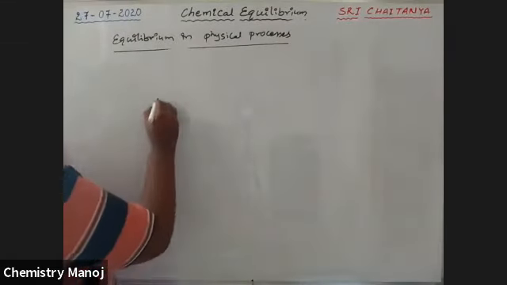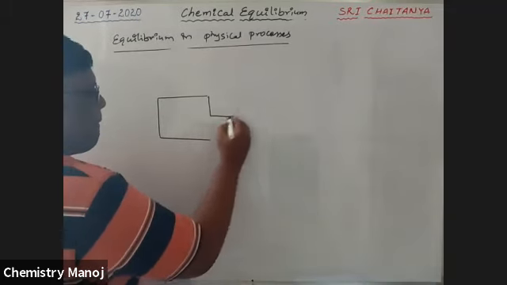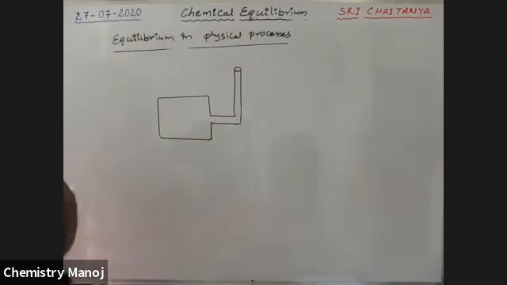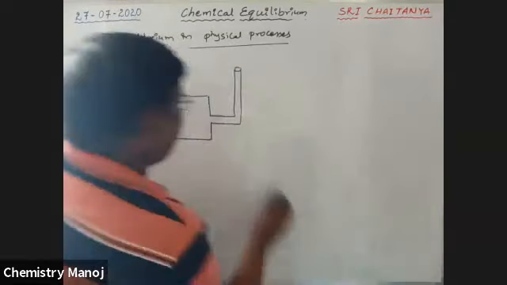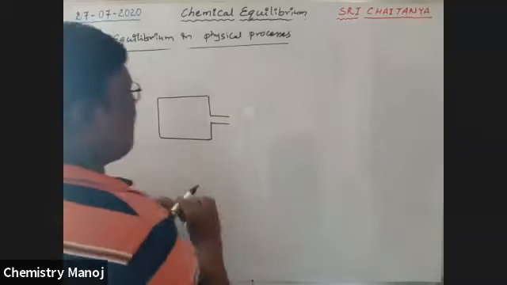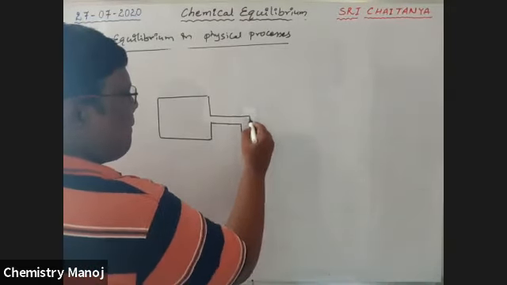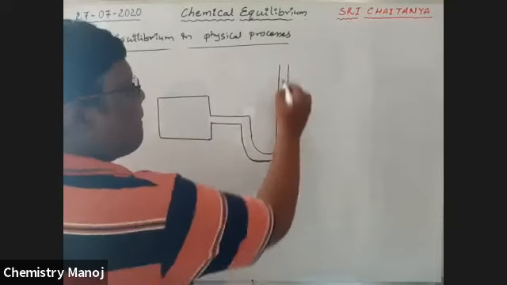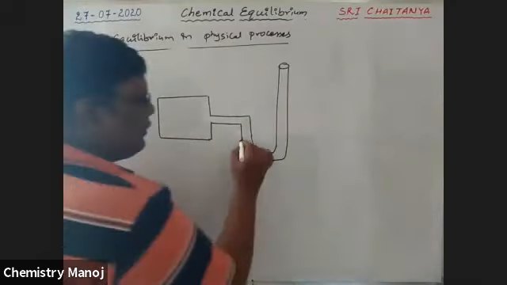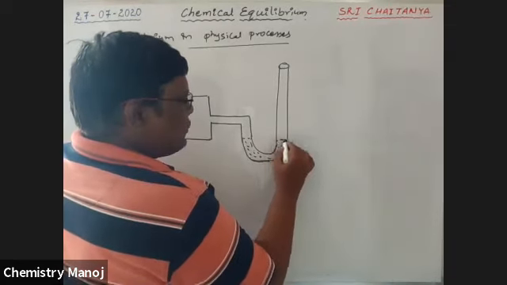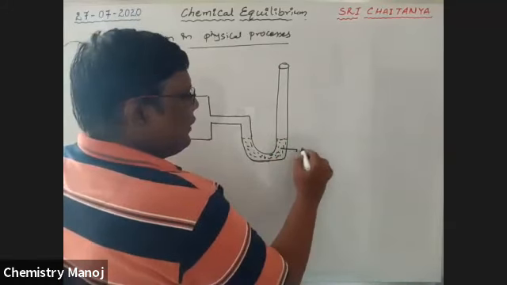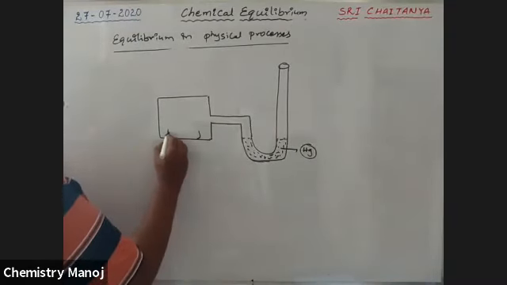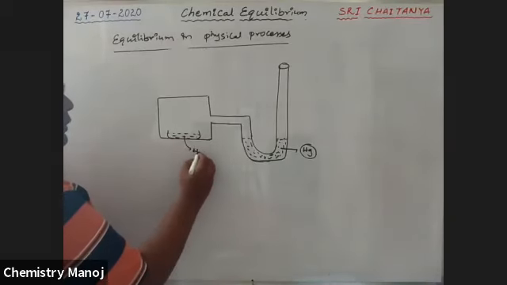So I'm starting, this is the container. Here I fill it with mercury, so both levels of mercury in the two arms are the same. Now there is a bowl with liquid water.